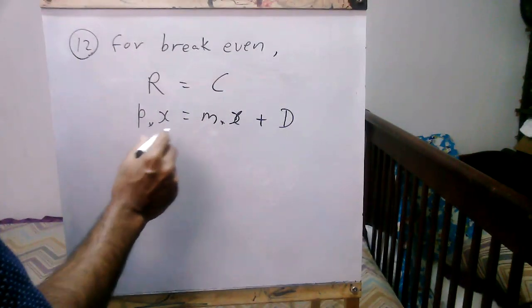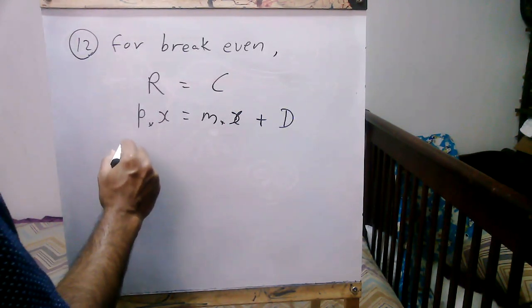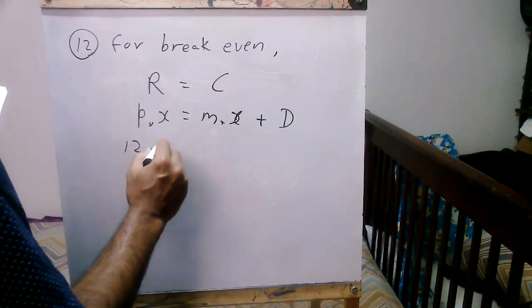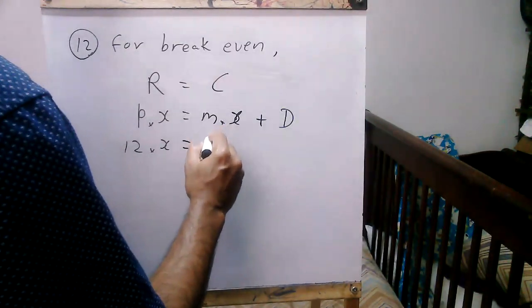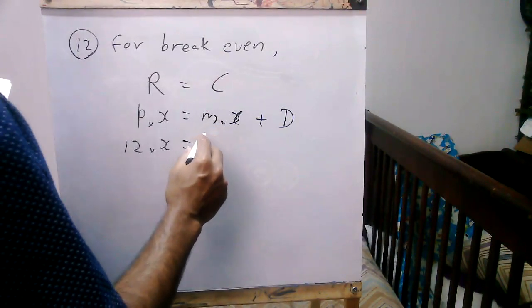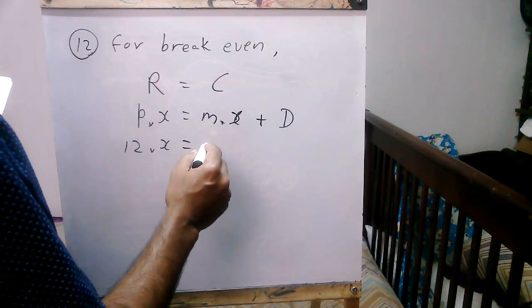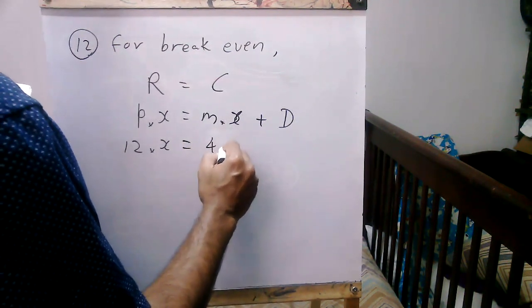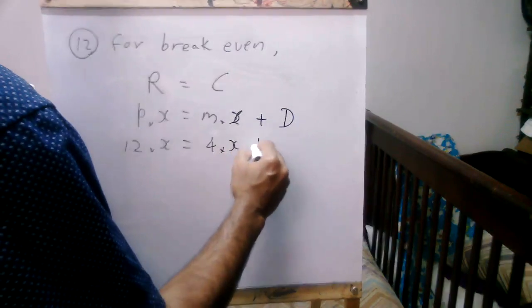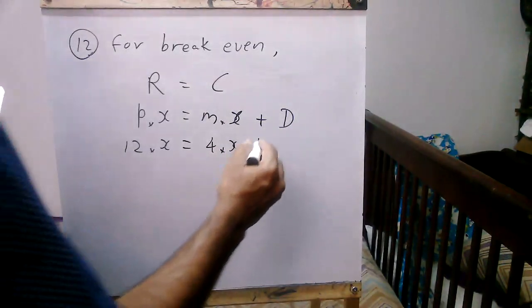Let's substitute values. Price is $12 times x equal to, it costs the company $4 per unit. That means m is 4, times x plus the overhead, $3,000.